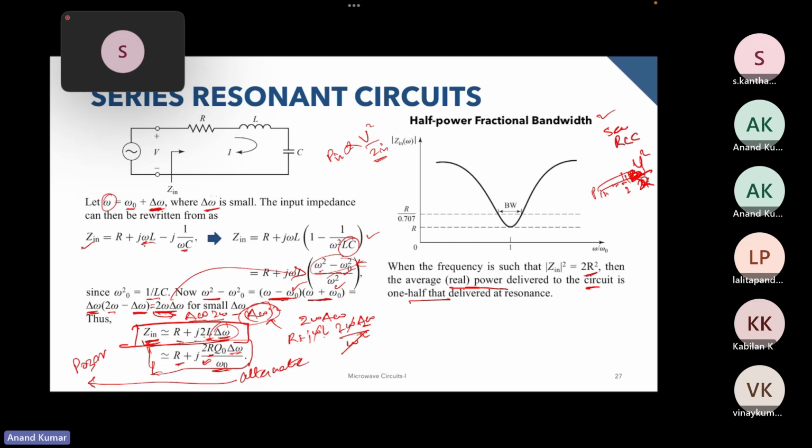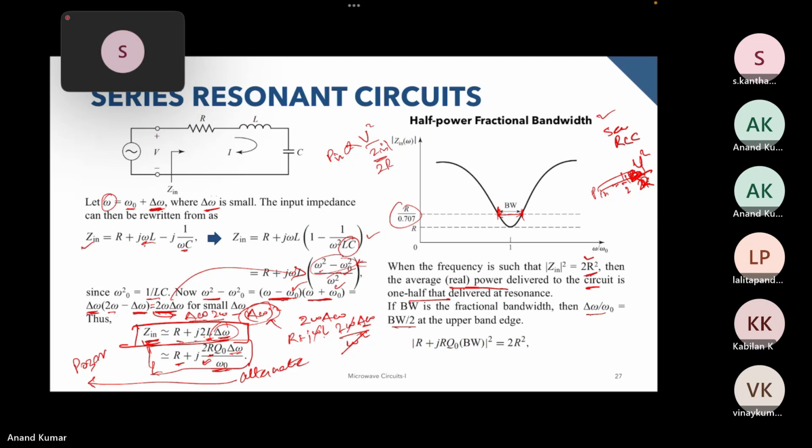And if this becomes 2R, the power delivered will be half. So when the power delivered is half, this will happen at R by 0.707. Okay, so this particular thing is the bandwidth, and this bandwidth can also be written as delta omega by omega naught.